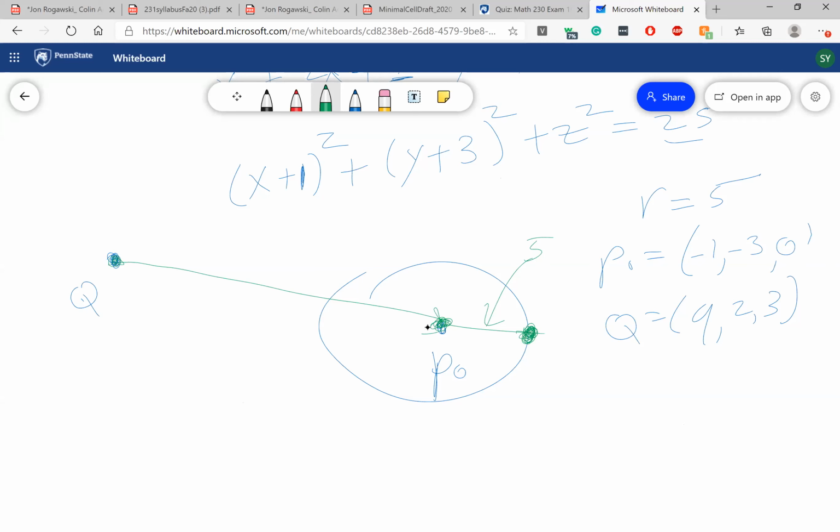That will at least be pointing in the right direction. So you can take the vector Q, P0, and then you can take its unit vector and multiply it by the distance that we're about to find. Or if you want to find this point, you can again take the unit vector and multiply it by this distance, which is going to be this distance minus 5.